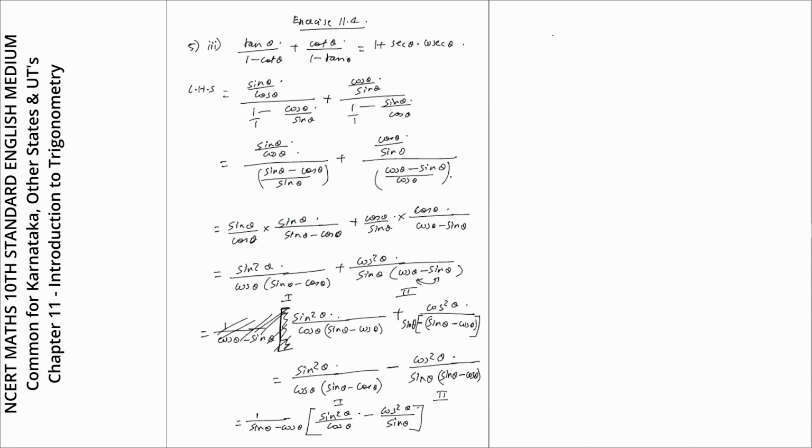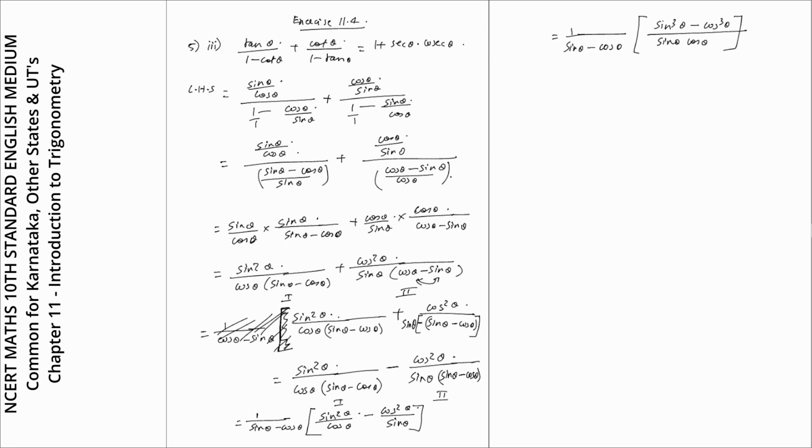Now this is equal to 1 by sin theta minus cos theta into, now here I'll take LCM. LCM of sin theta and cos theta is sin theta cos theta. So here it becomes in the first term sin cube theta minus cos cube theta.